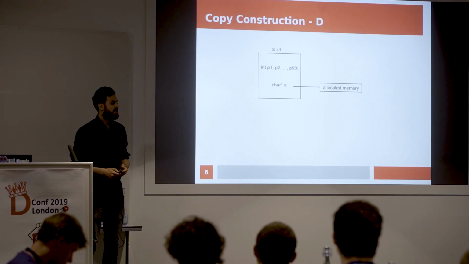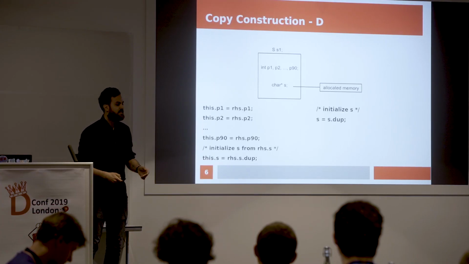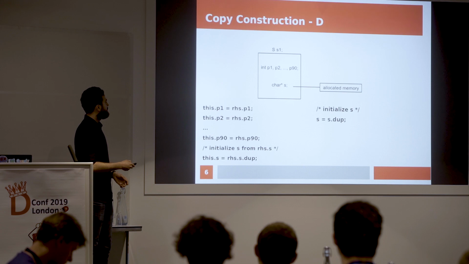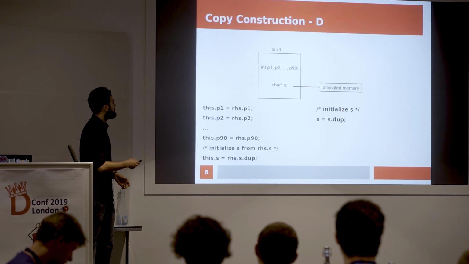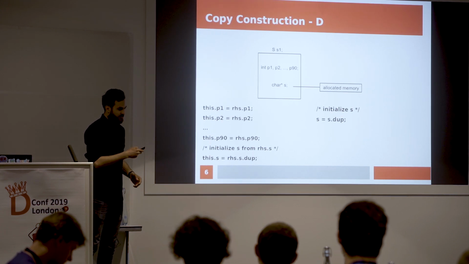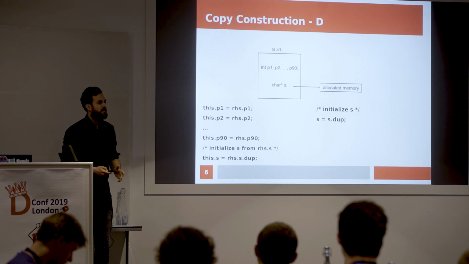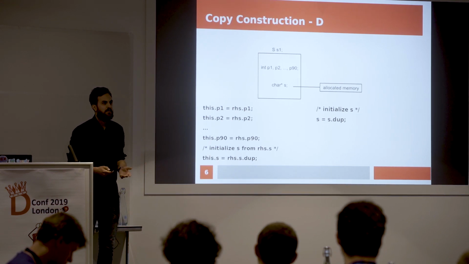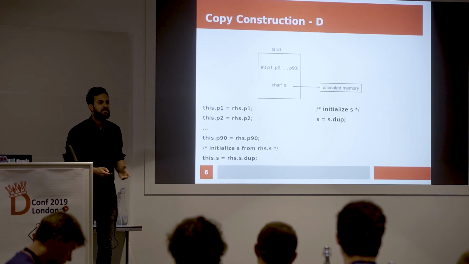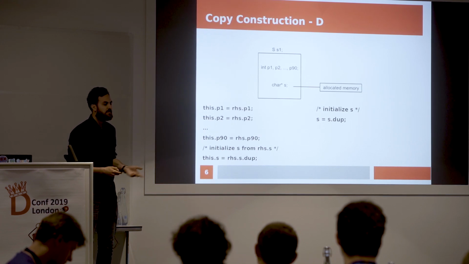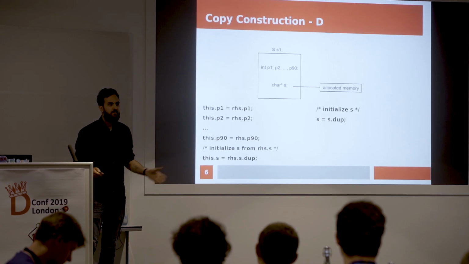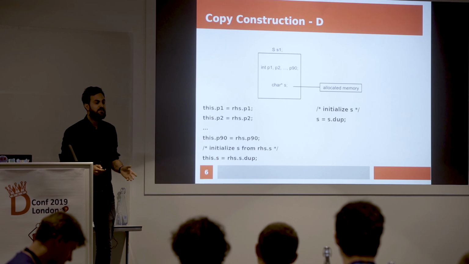D speculates this, and in the post-blit, all you have to do is only duplicate S. Now, this sounds really cool because it really saves a lot of boilerplate code. And whenever I tell my colleagues that come from a C++ background about this, they're all very happy about it and they think it's a really cool feature. But the truth is that it hides some design flaws.